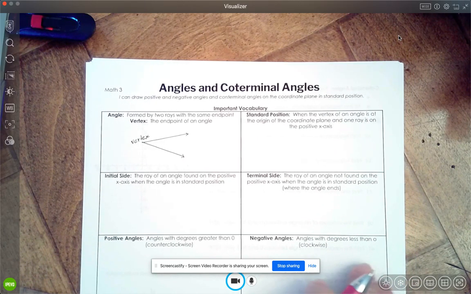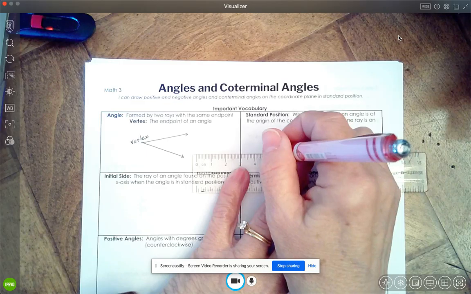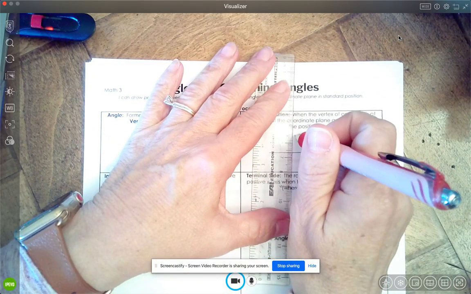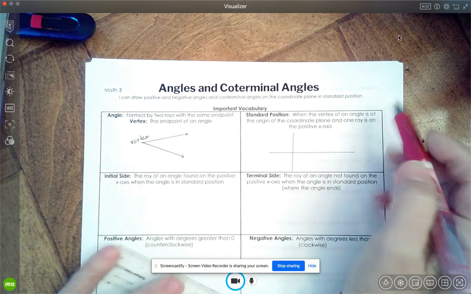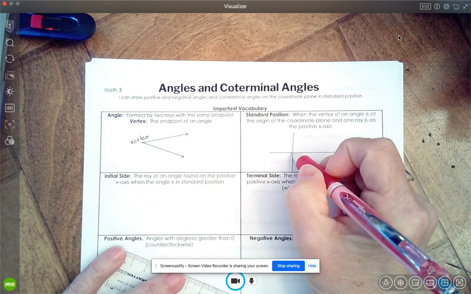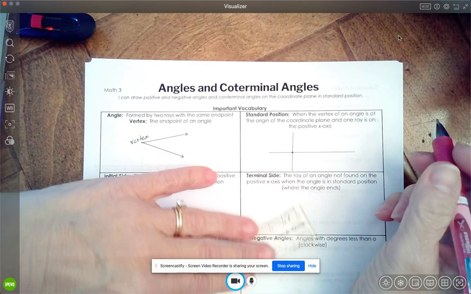When we talk about an angle in standard position, you have a coordinate plane, the x and y axis, something like this, and the origin is right here at 0, 0.